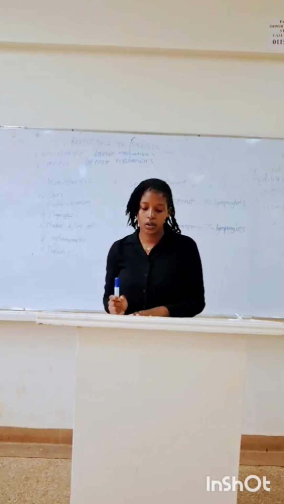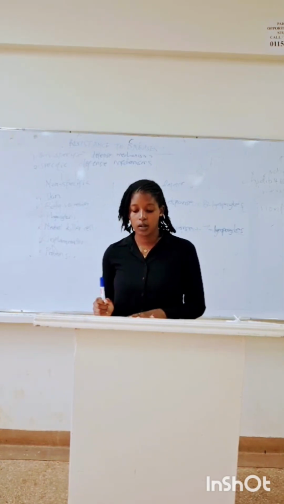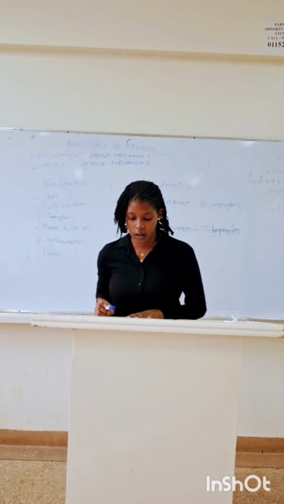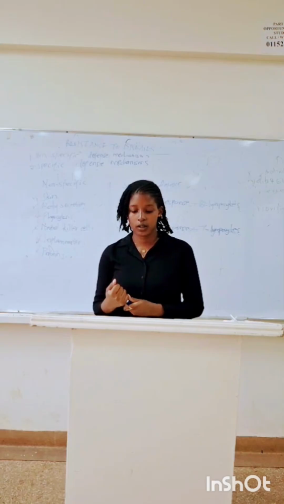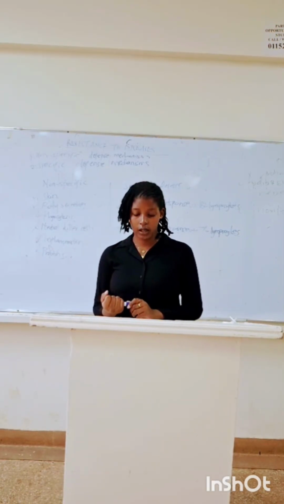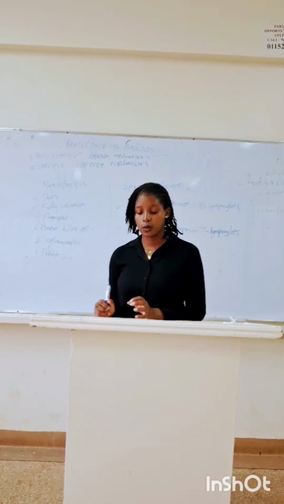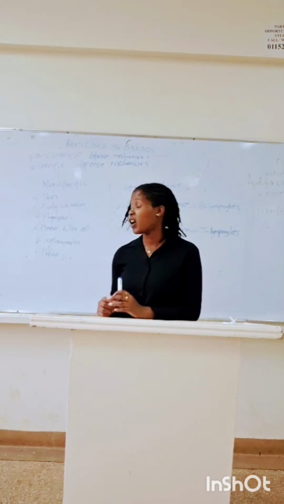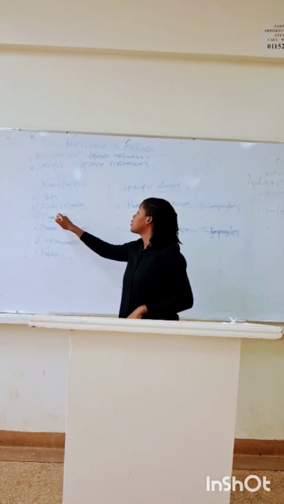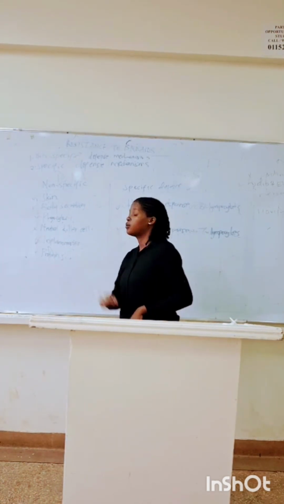We'll start with non-specific. This is a type of defense system that offers immediate protection from microorganisms and other foreign particles. Here we can talk of six aspects: the skin, body secretions, phagocytosis, neutrophil killer cells, inflammation, and proteins.